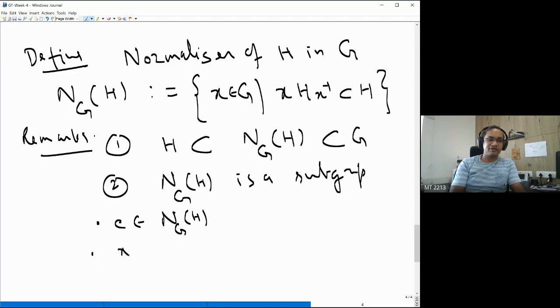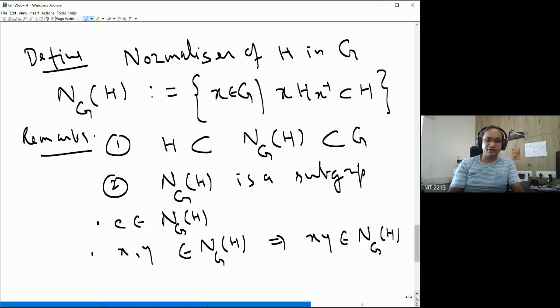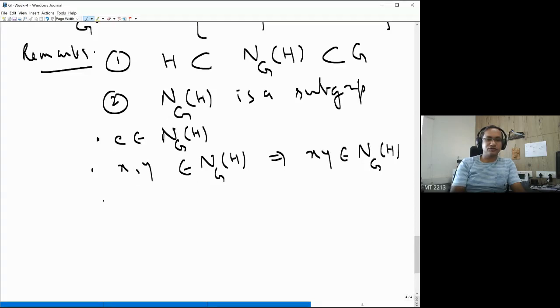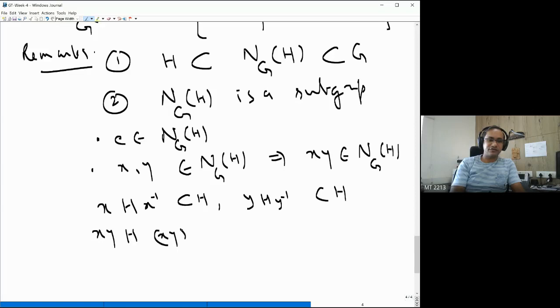And if X and Y are in the normalizer, then XY is also in the normalizer. This can be verified as follows. So what is given to me? X H X inverse is contained in H, and Y H Y inverse is also contained in H. That is given to me, and then I have to compute XY H (XY) inverse.